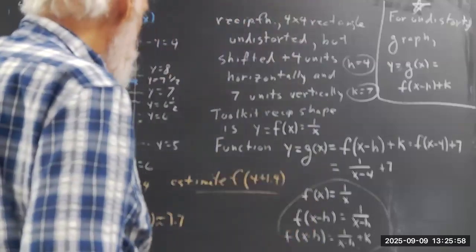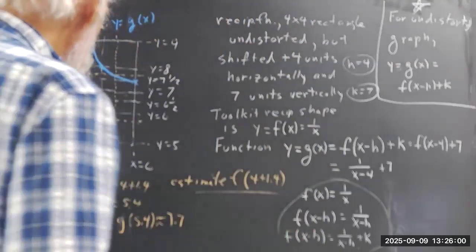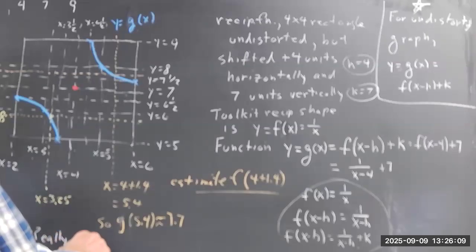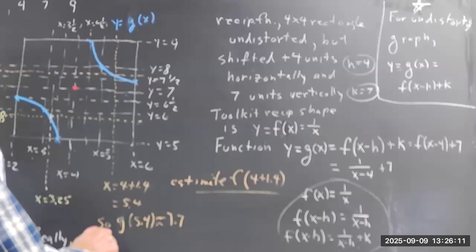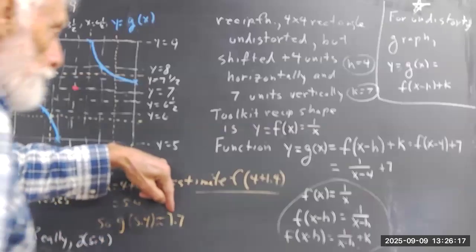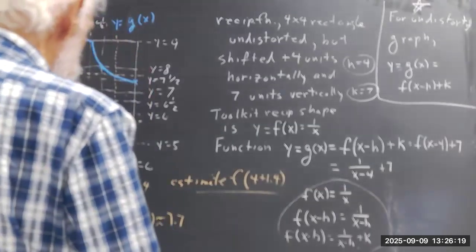Now for this function, it's poorly written, kind of crowded. It just says G of 5.4, the thing we approximated as 7.7.